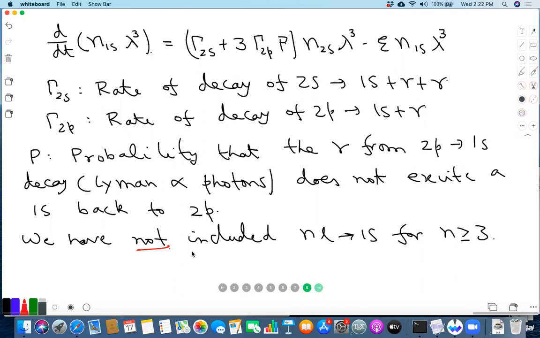So why shouldn't we add a similar term for electrons, like the p term, the 3 gamma to pp term? Basically for just proton and electron going directly into 1s, and add a probability p that it does not collide back with the 1s and excite it back to a free electron and proton.